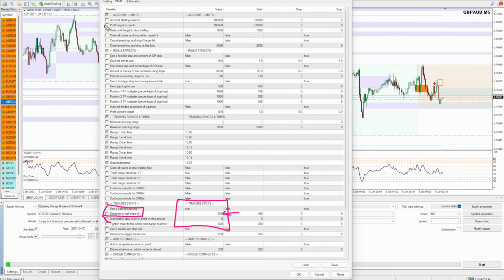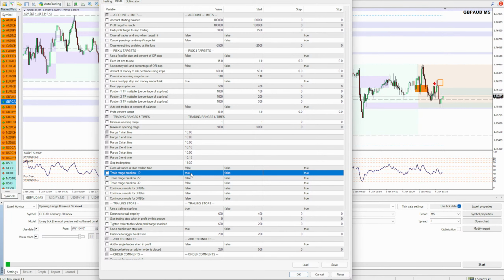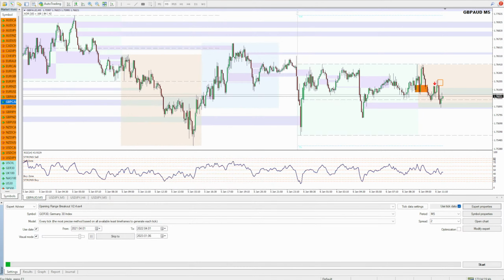The only basket-type conditions are: has my entire basket of trades hit my daily target or my daily loss? That's the only basket kind of condition the EA runs. Everything is done on a per-trade basis, because a lot of people are just trading one. In this case, this is set up to just trade one opening range breakout. This will only trade the 5 minute. There is only one trade. It just does it on an individual trade basis.